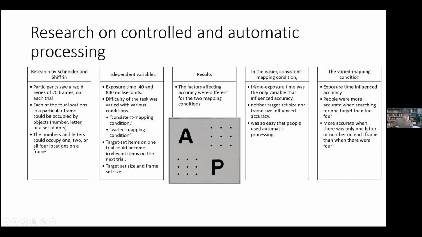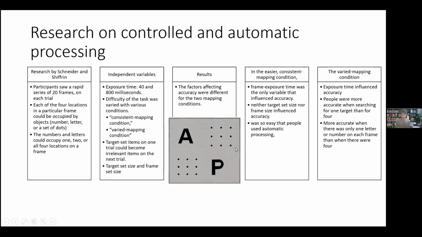So the frame exposure was the only variable that influenced accuracy. It did not matter if X came in the top position or the bottom position. It did not matter if it had one letter or three letters. It did not matter if it had a number or anything, because the position was the same. It was much easier for them to just look at it and answer.